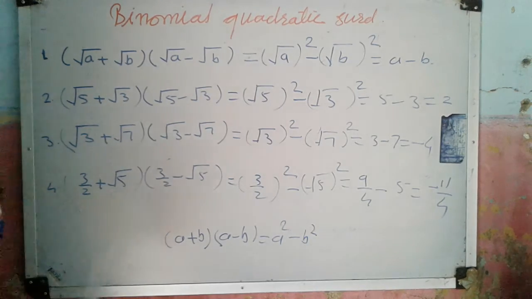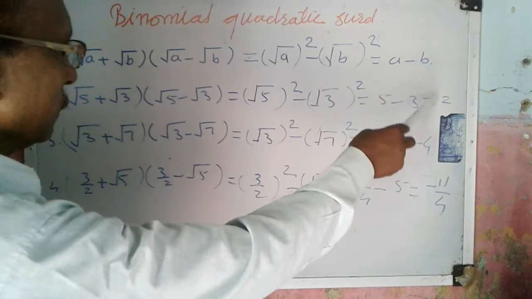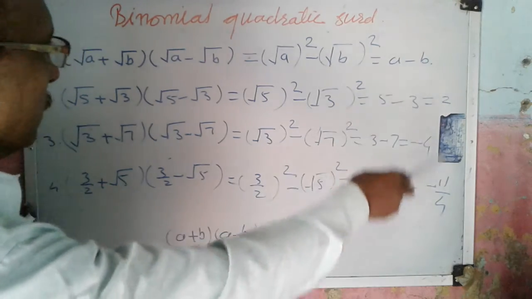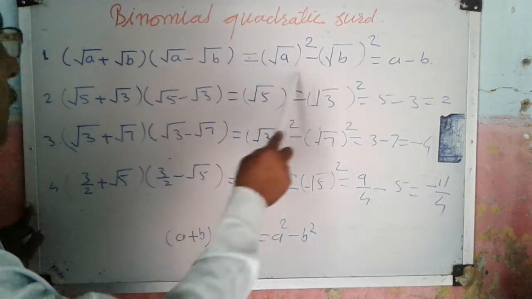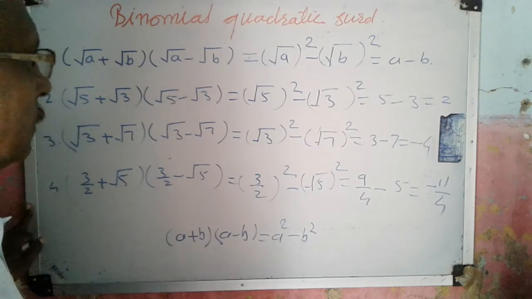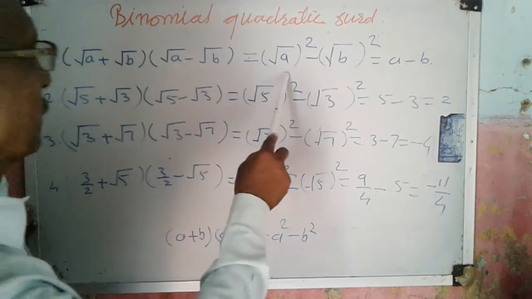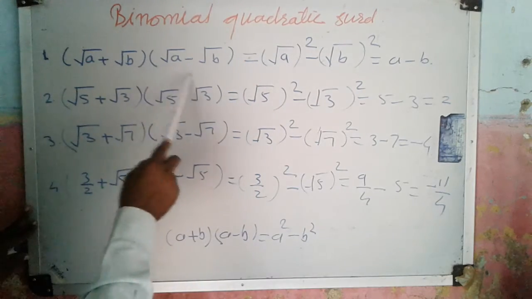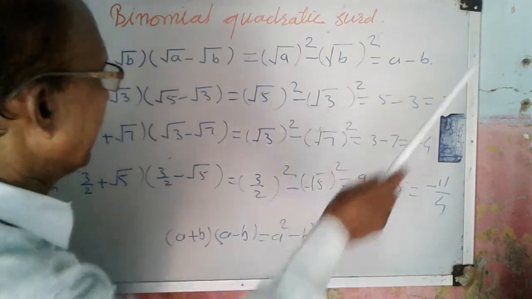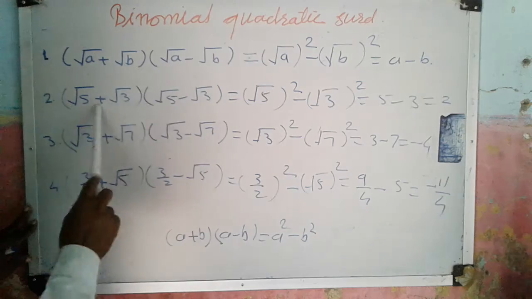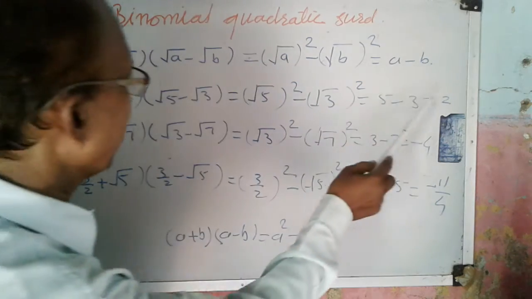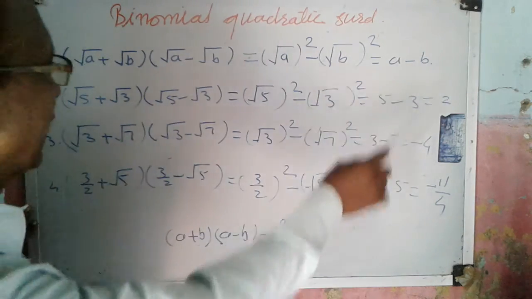So here in each case, the product of all these is a rational number. So here root a, root b, these are the surds, and the product of these two binomial surds is a rational number. These are the two binomial surds and their product is 2, that means rational number.